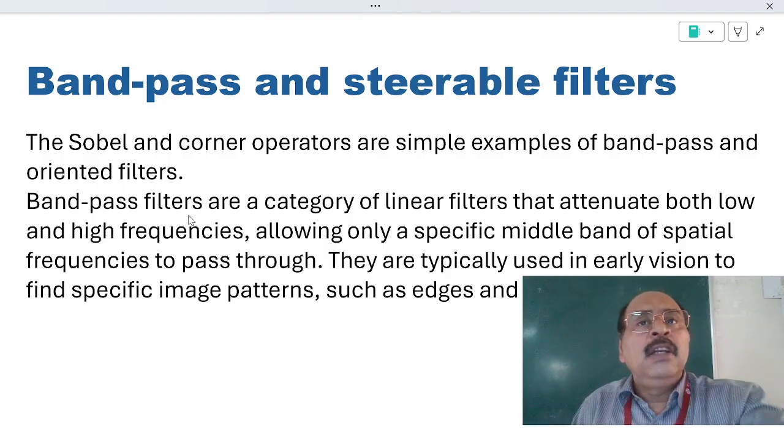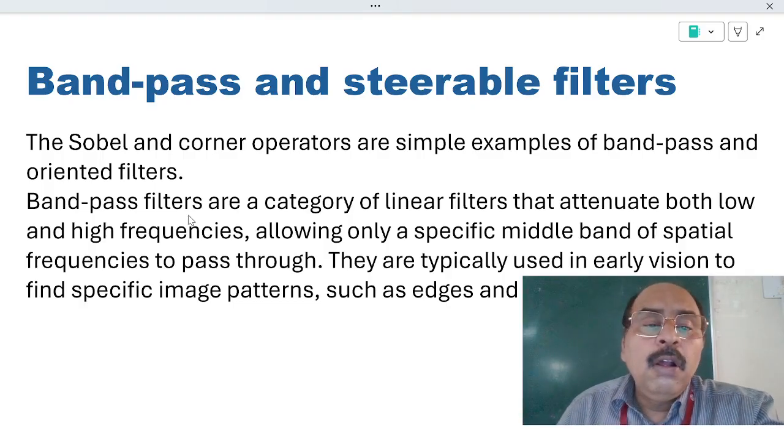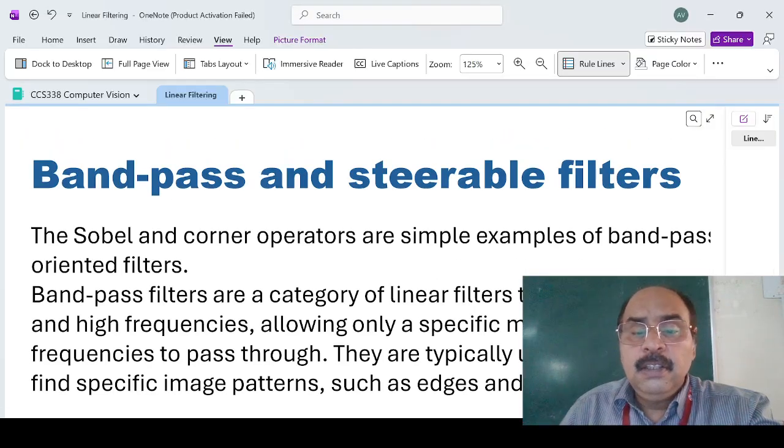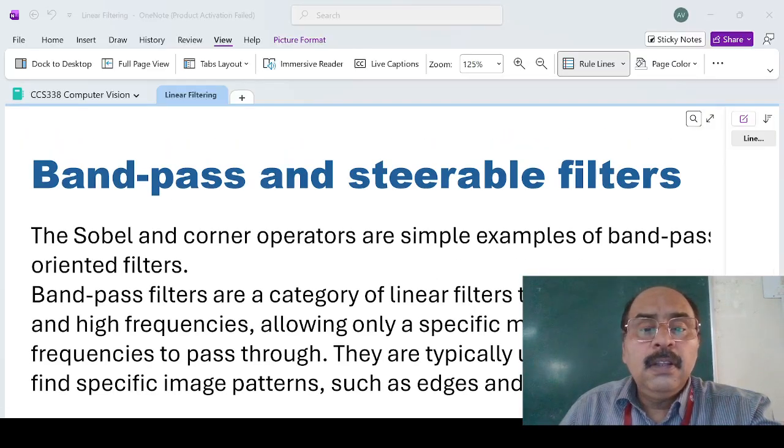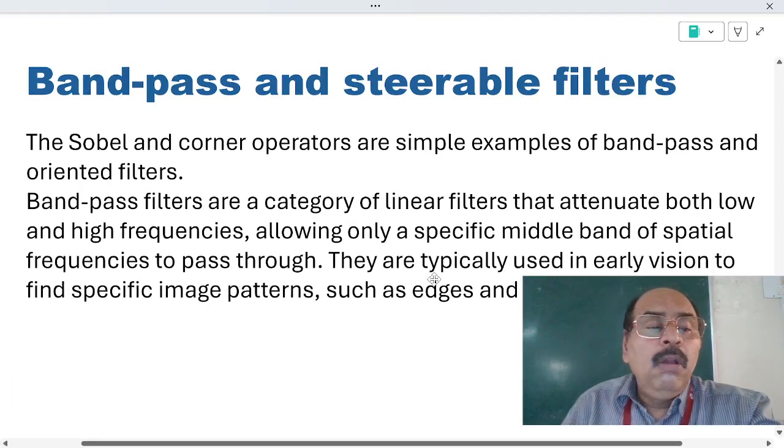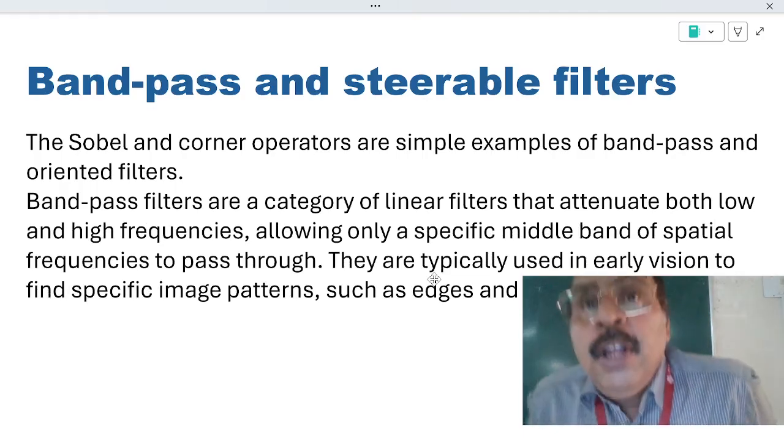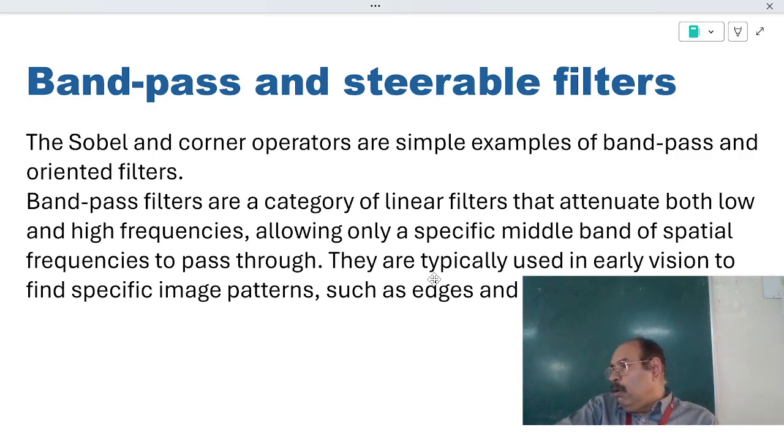Band pass filters are a category of linear filters that attenuate both low and high frequencies, allowing only a specific middle band of spatial frequencies to pass through.